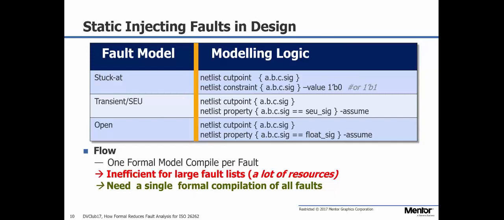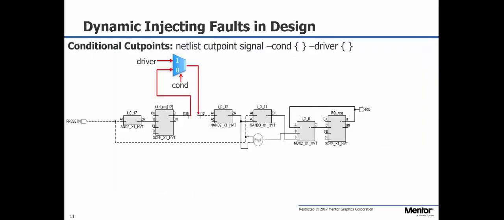If the condition is not taking place, then you are driving the same value as before, so there is no fault injection. Using this mechanism, you are able to compile all faults at once at compile time.